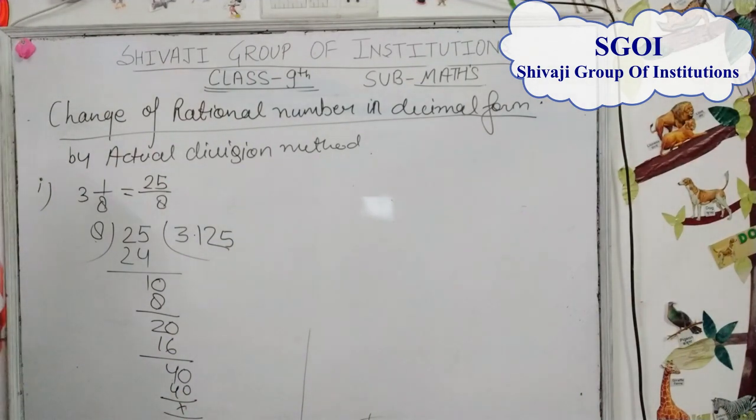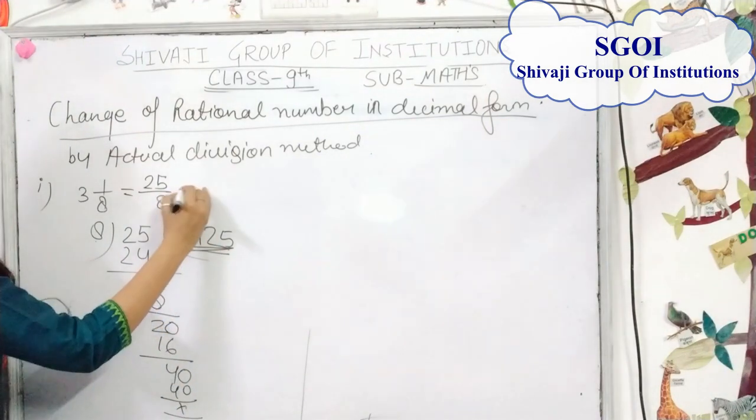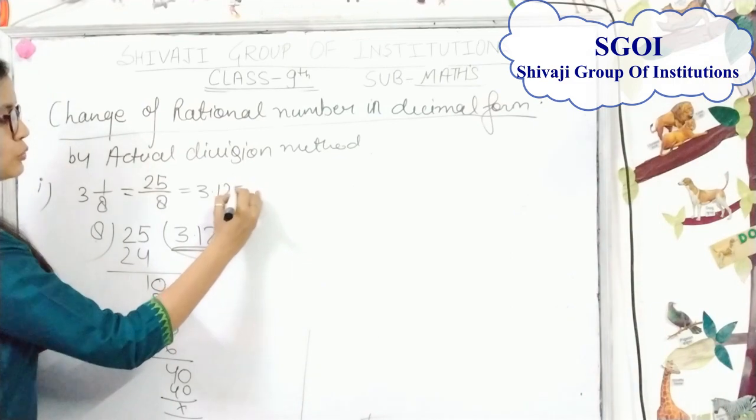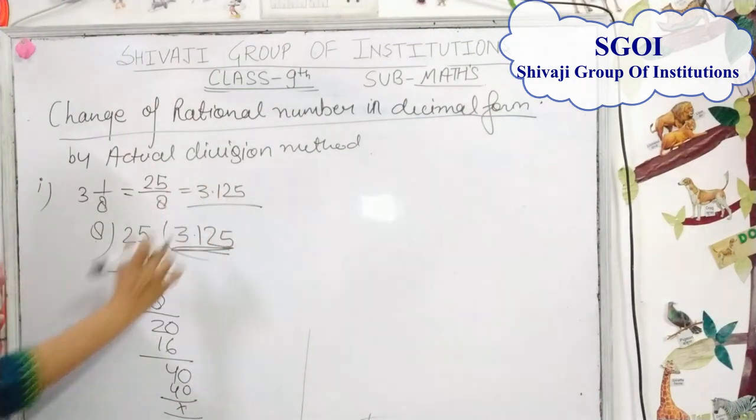In this case, students, we find 3.125. Now with the help of the actual division method, we can change a rational number into decimal form.